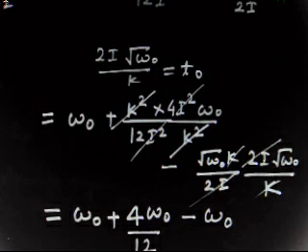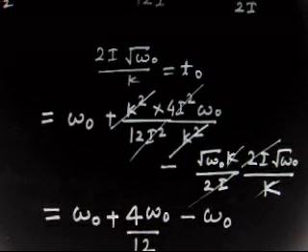This means the final omega is equal to 0 when t is equal to t naught. So from there we can solve for t naught. And then if I use that t naught in finding the average, the integral of omega dt from 0 to t naught divided by the integral of dt from 0 to t naught, we will find the value omega naught by 3. Let us discuss the next problem.